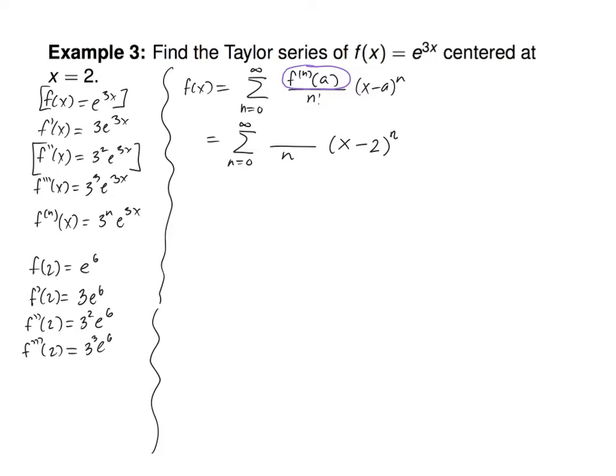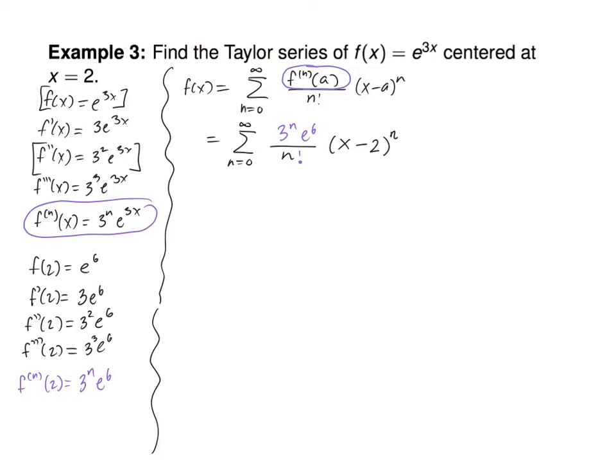So if you took that nth derivative at 2, it would be 3 to the n e to the 6. Do you see how there's always an e to the 6 there? So it'd be 3 to the n, e to the 6th, over n factorial.